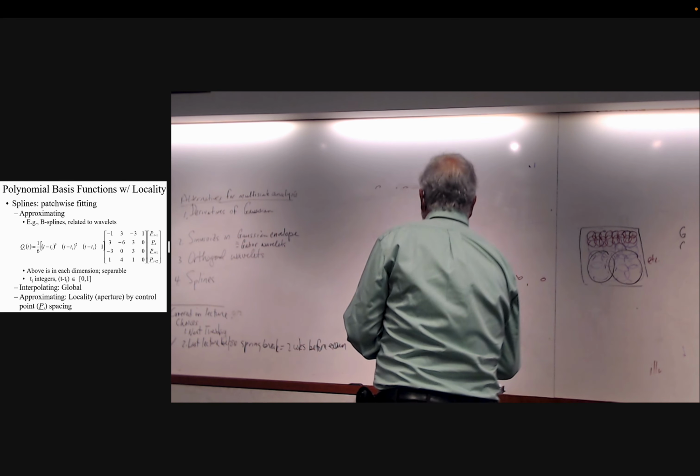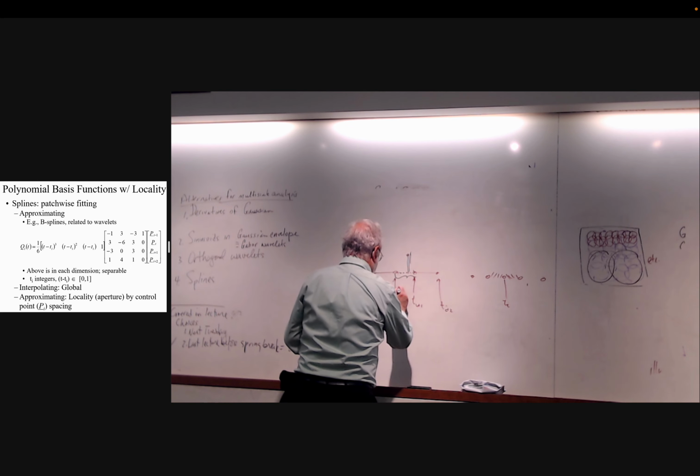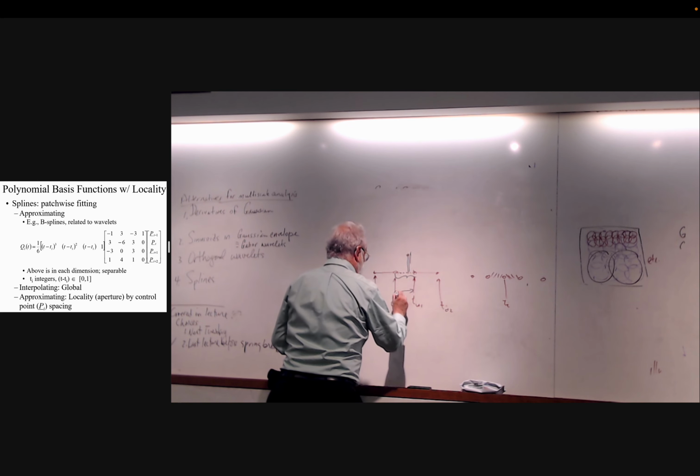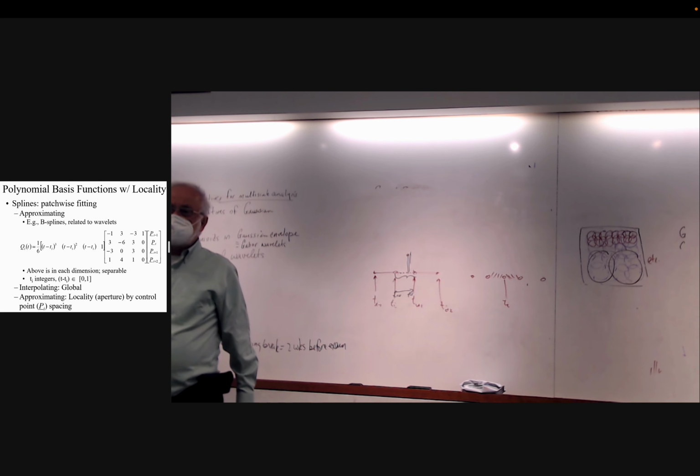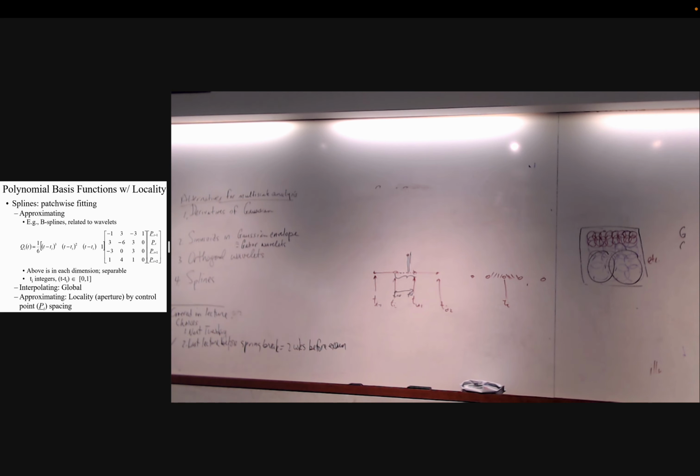And so we're going to consider a function on t, which goes from 0 to 1, which is the width of the patch. 0 at the left end of the patch, 1 at the right end of the patch, halfway along the patch.